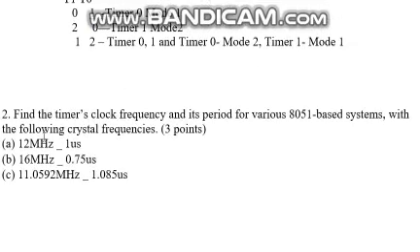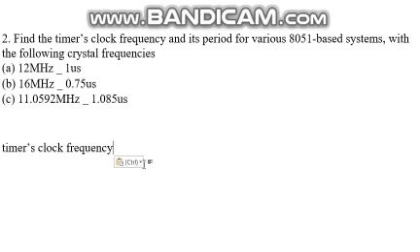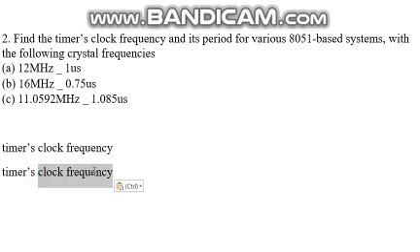Then the second problem is: find the timer's clock frequency and its period for various 8051 based systems with the following crystal frequencies. Some crystal frequencies are given, and for those crystal frequencies we want to calculate the timer's clock frequency and timer's clock period.